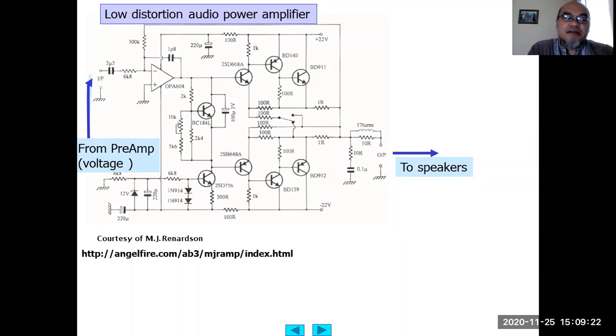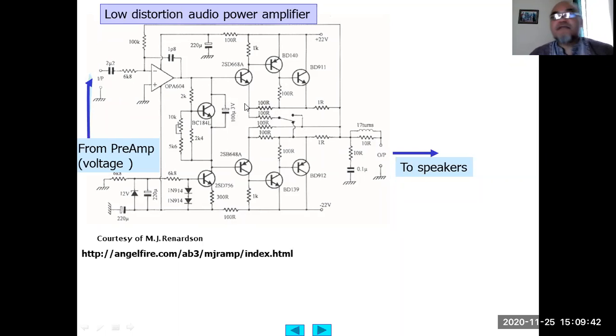What is the power that is supplied to the speakers? Then it would be so tedious and so complex if you need to solve every single node voltage or every single loop current within this circuit.